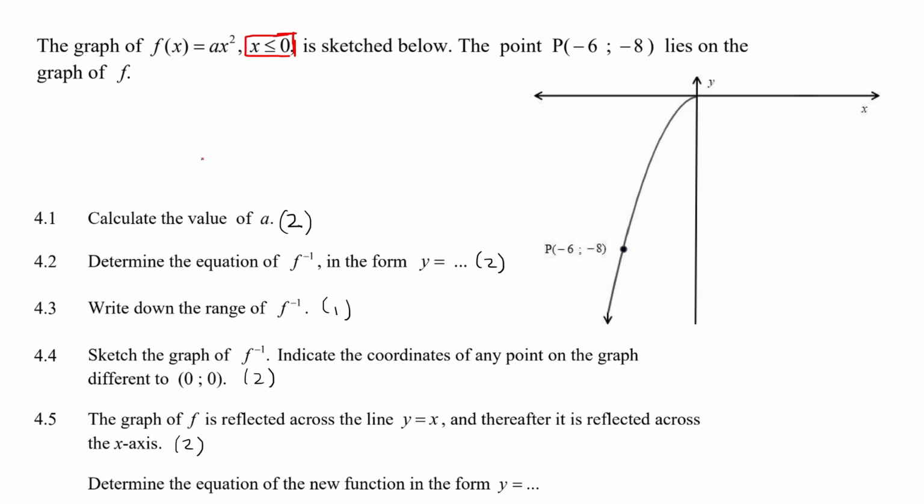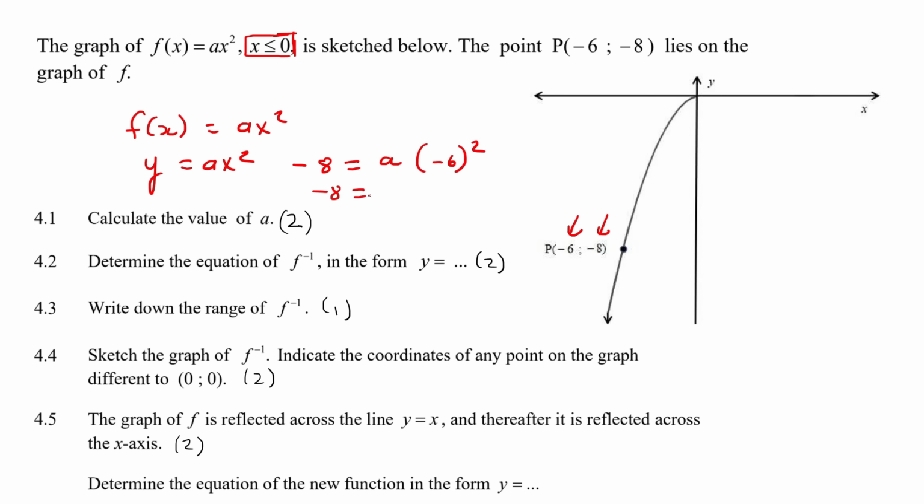Okay, so that's easy. So we know that f of x is equal to ax squared. So we can just go plug in. Remember, this is like a y, so you could even just say y equals ax squared. So this is a y, and that is an x. And so you could go plug that in as minus 8 equals a, and then x is negative 6 squared.